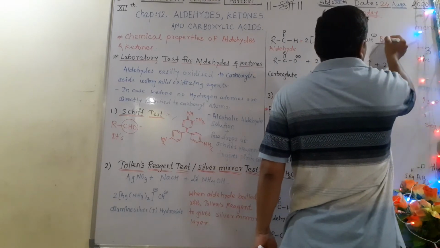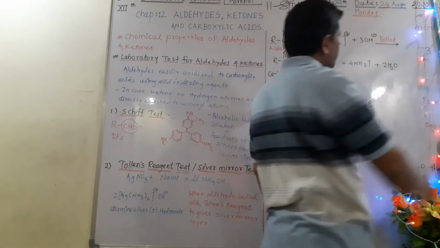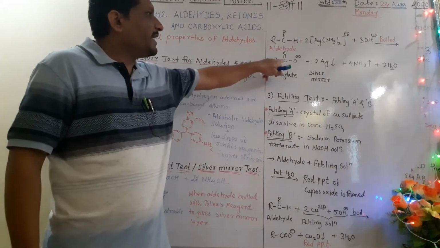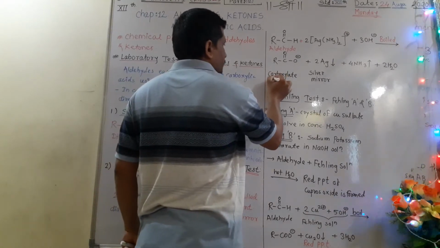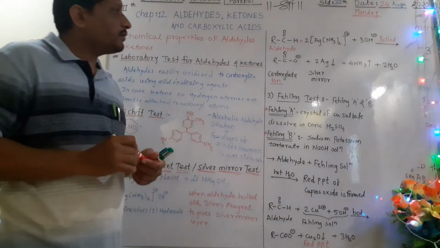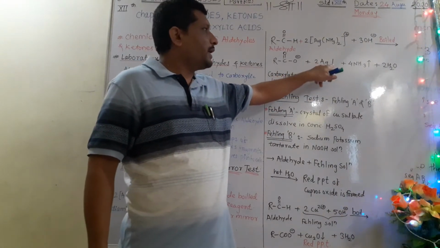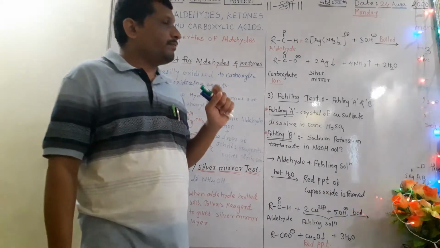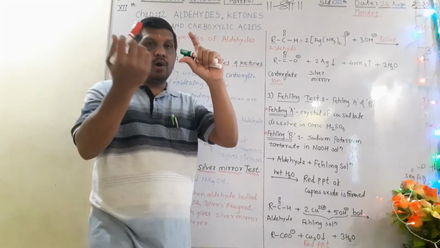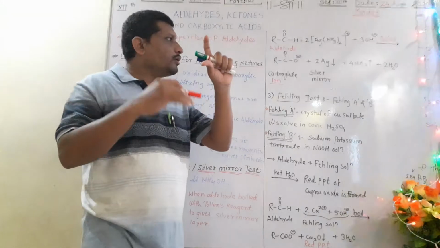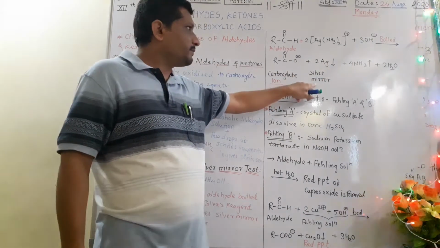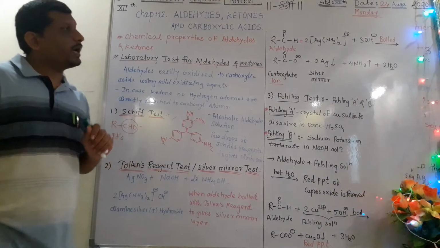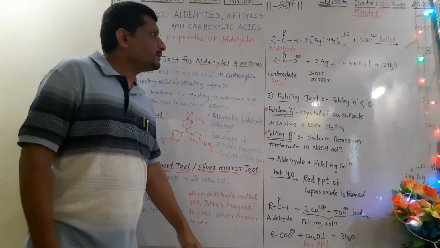Here we can write: aldehyde plus Tollens reagent, boiled, gives carboxylate ion and forms silver, and the downward arrow represents the silver mirror precipitate obtained in the lower layer of the test tube. Another byproduct is ammonia and water, which are released.